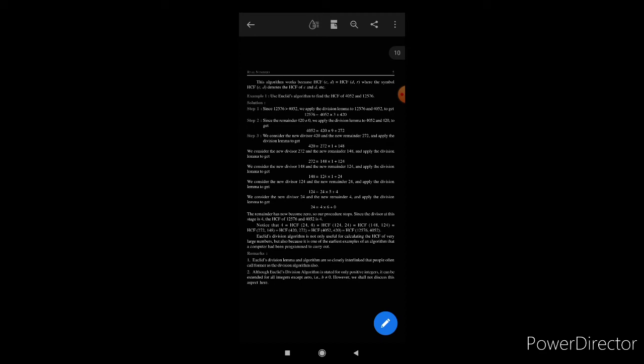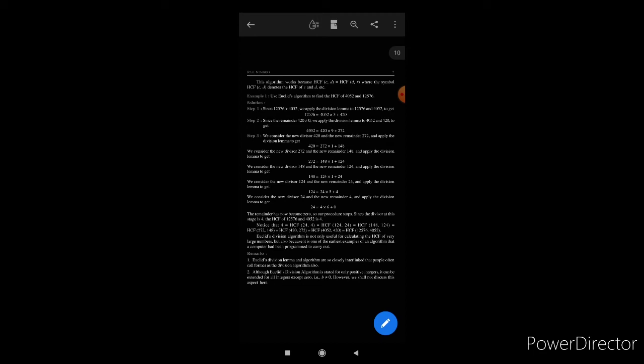Euclid's division algorithm is not only useful for calculating the HCF of very large numbers, but also because it is one of the earliest examples of an algorithm that a computer had been programmed to carry out. Remark: Euclid's division lemma and algorithm are so closely interlinked that people often call the former the division algorithm also.